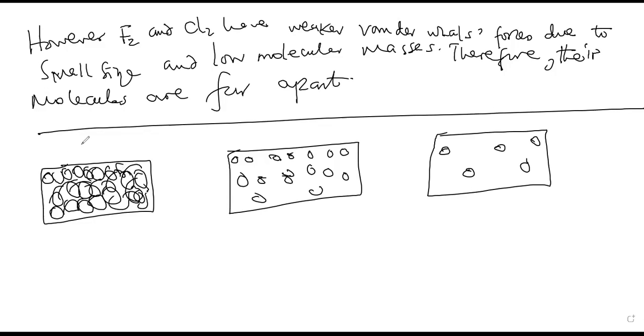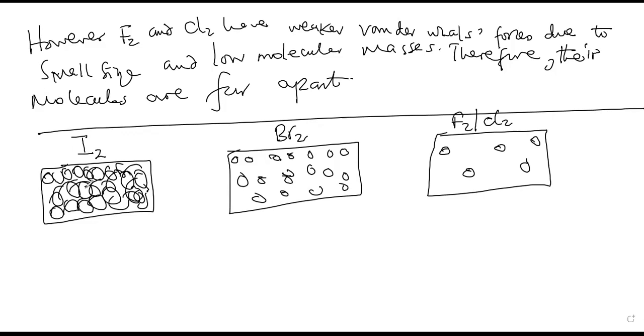So we've said that a solid is iodine, a liquid is bromine, while fluorine and chlorine are gases. Because we know that in gases, the particles are far apart, for liquids they are somehow spaced, while for solids they are closely held together.